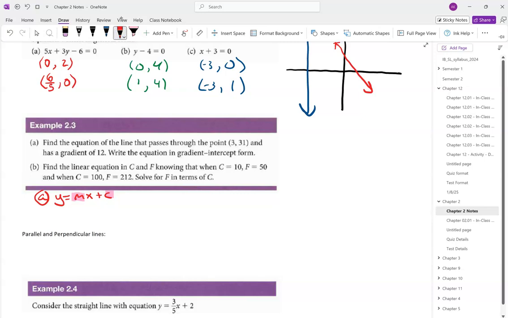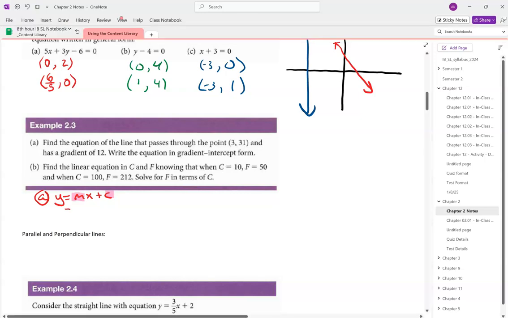Which one of those is going to be easiest to get first? M. What's m? It is the slope, so what number goes there? 12. Great. So how am I going to get the c?